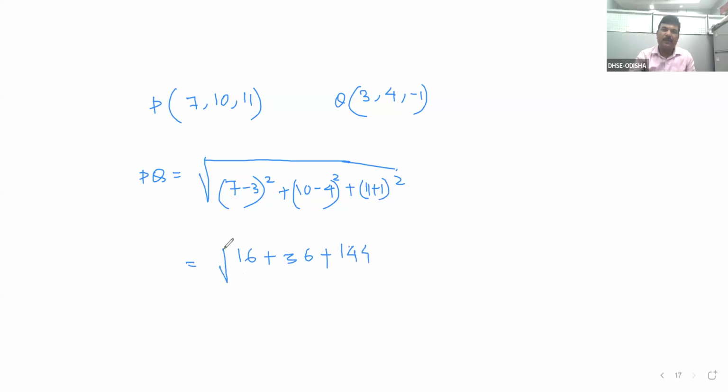So this is equal to square root of 196. This is equal to 14. Okay, this is the answer.